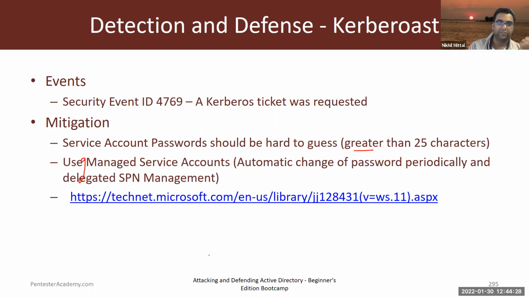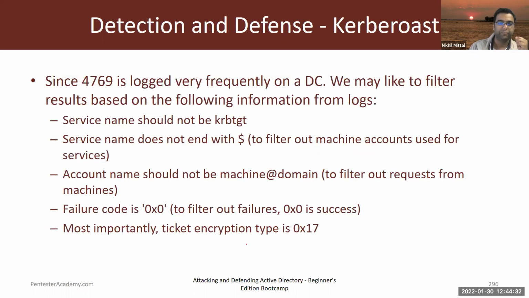Now, how do you filter out 4769s from all the noise? This is taken from a blog post by TrustedSec. You will like to filter on your SIEM or on your collector where you're collecting the logs, that the service name for a 4769 should not be krbtgt. Service name should not end with a dollar so that machine accounts are filtered out. Account name should not be machine@domain, once again to filter out requests from machines.